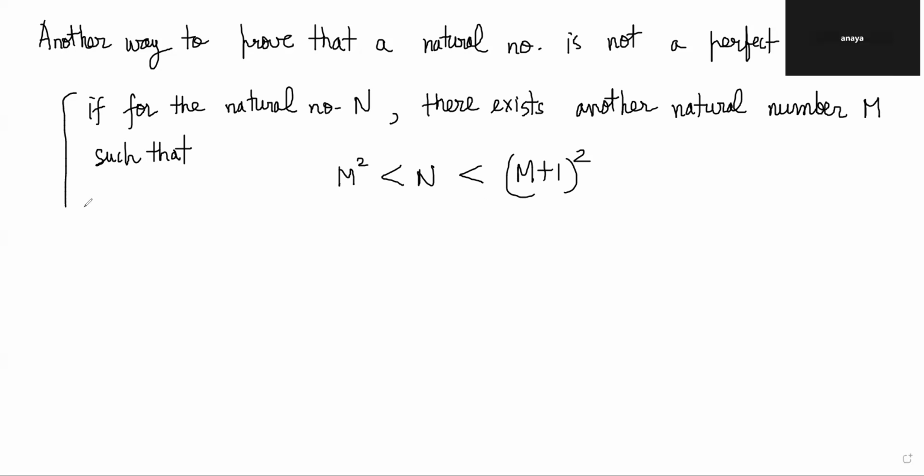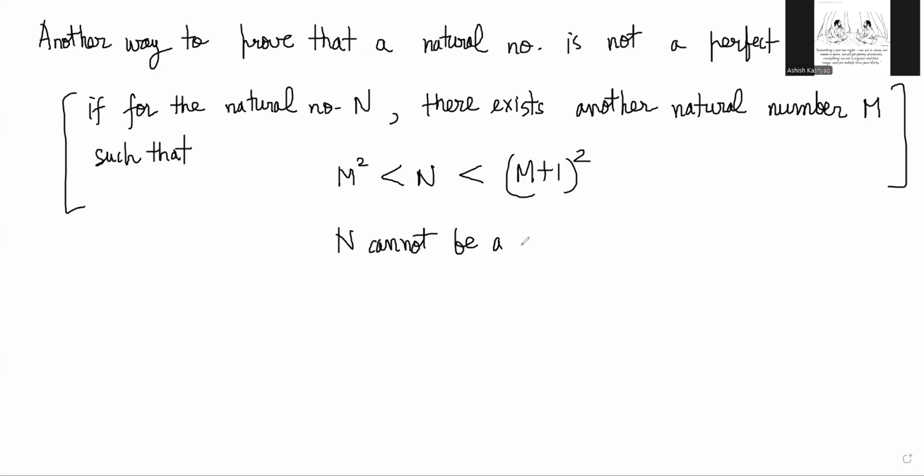If you can show this, then obviously n cannot be a perfect square, because it is between the perfect squares of two consecutive natural numbers.